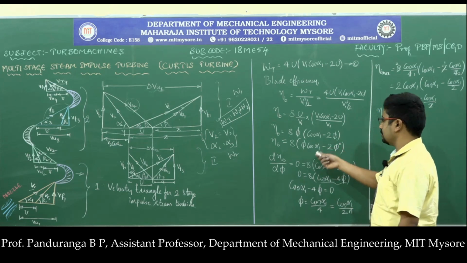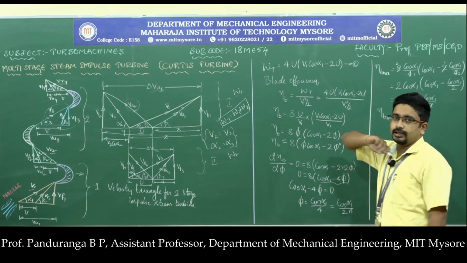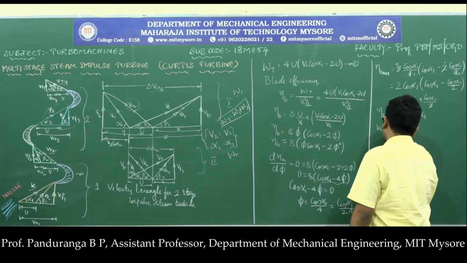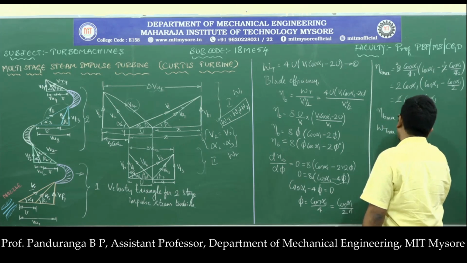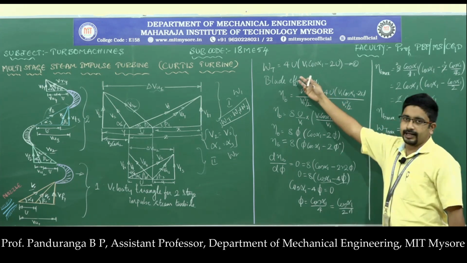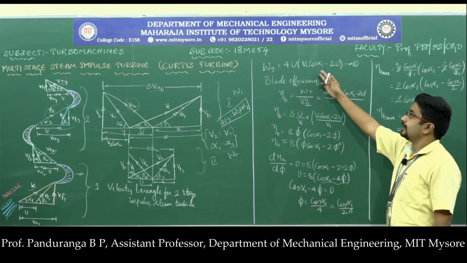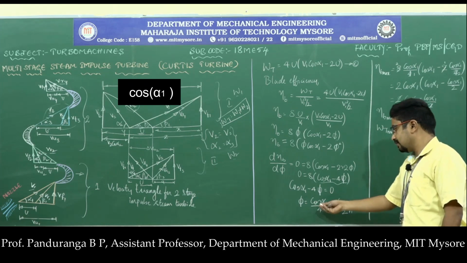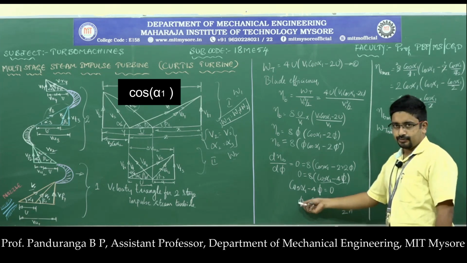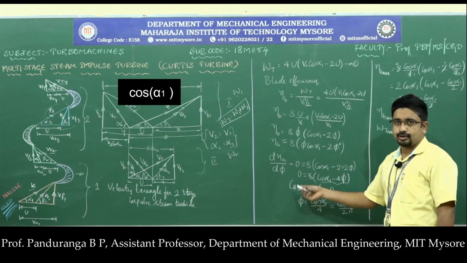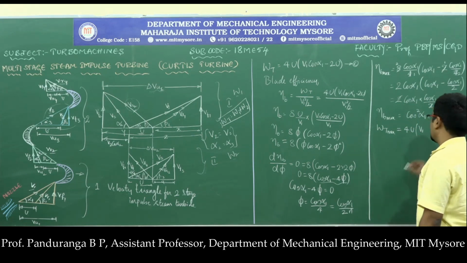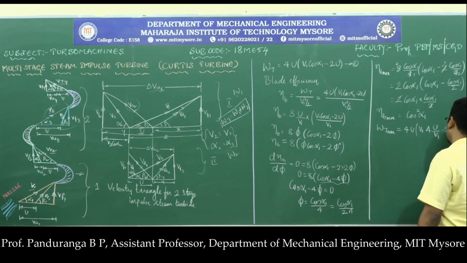Now let us substitute the condition in the work done equation and find out the maximum work done. So Wt max will be equal to 4u into, we don't have phi here, so in place of cos alpha 1, I can write 4 phi, 4 times phi, and phi is u by v1. So in place of cos alpha 1, I will write 4 times u by v1 minus 2u.